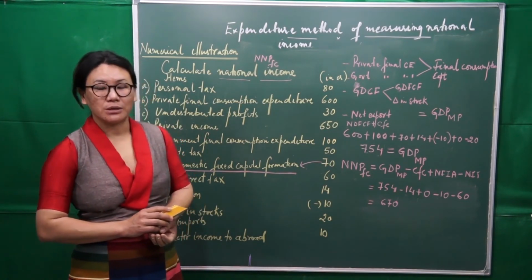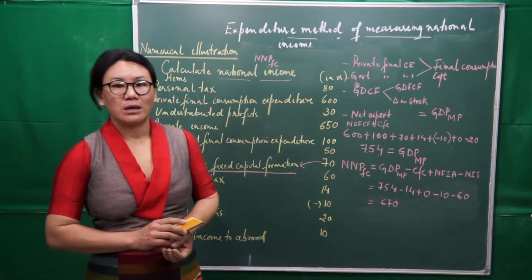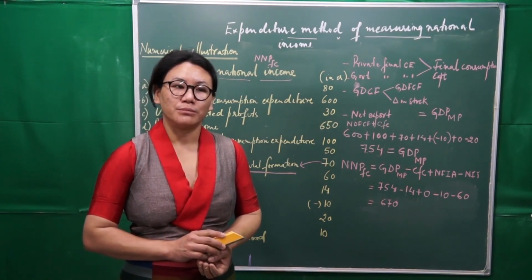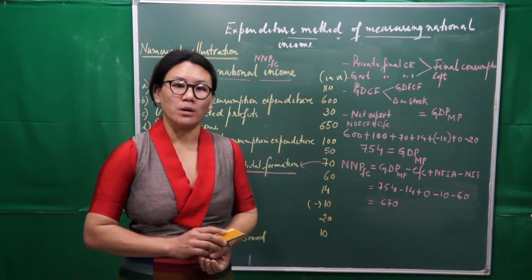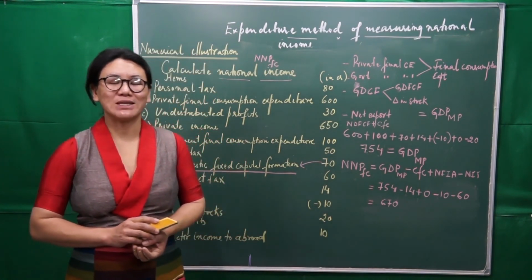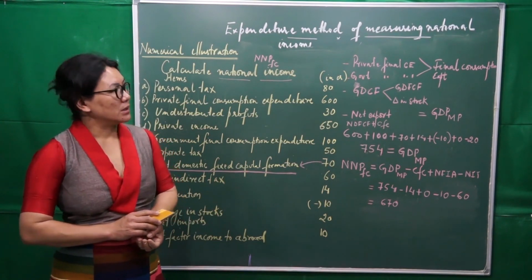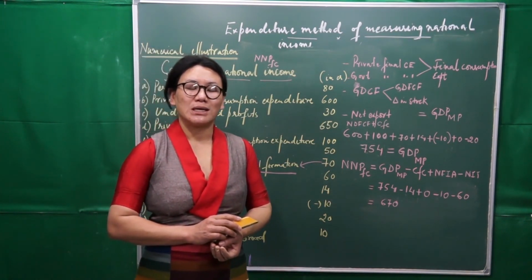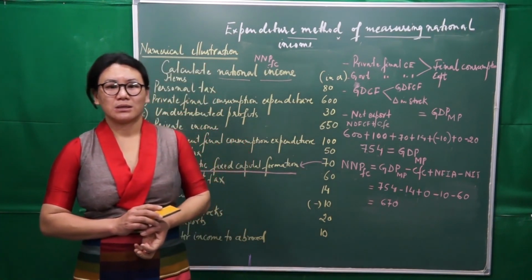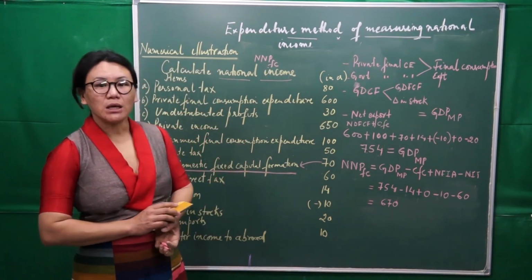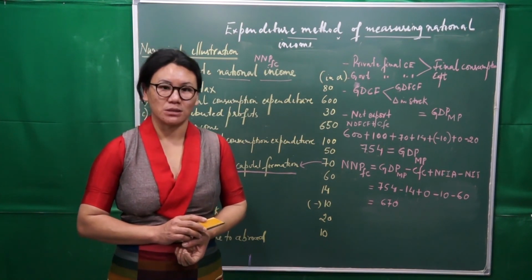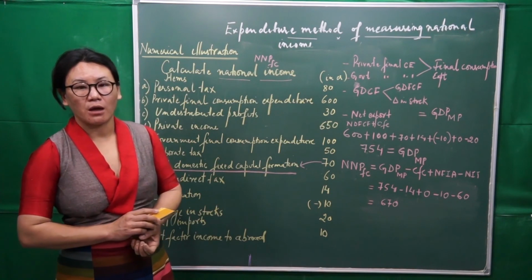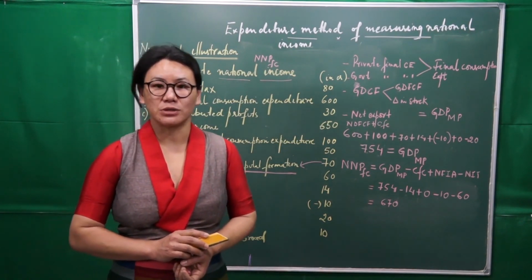Now see here, the explanation of all the three methods of measuring national income is over in detail. Out of these three methods, this last method, that is expenditure method, is the widely used method or approach for measuring national income.